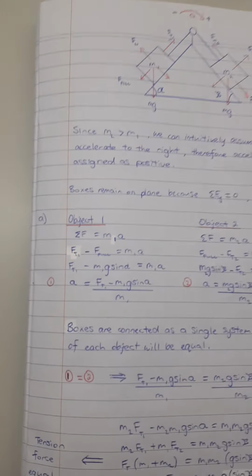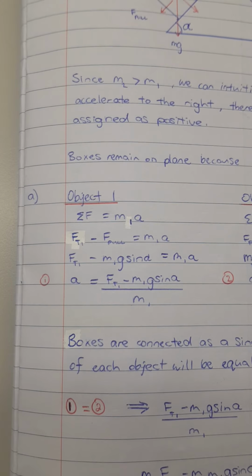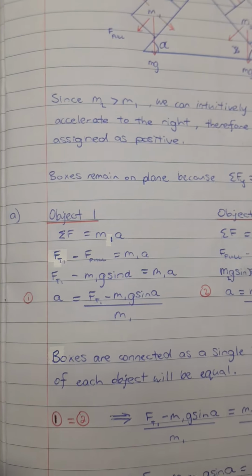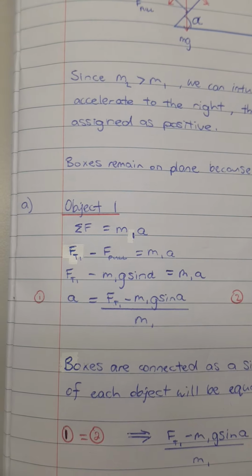So looking at object 1, we have the sum of the forces is equal to ma, which is Newton's second law, sorry.